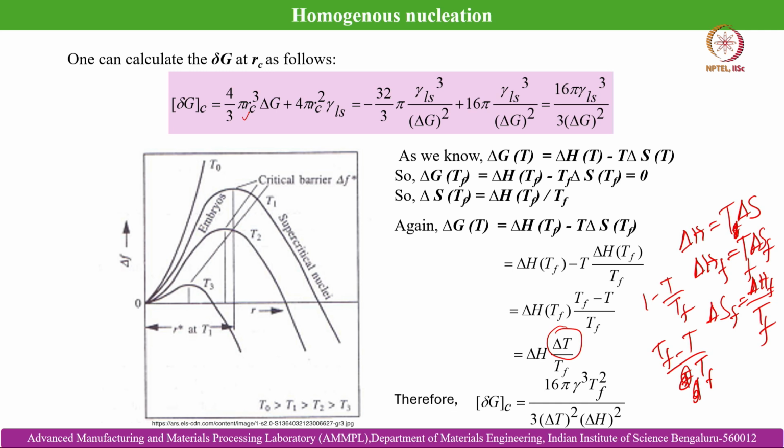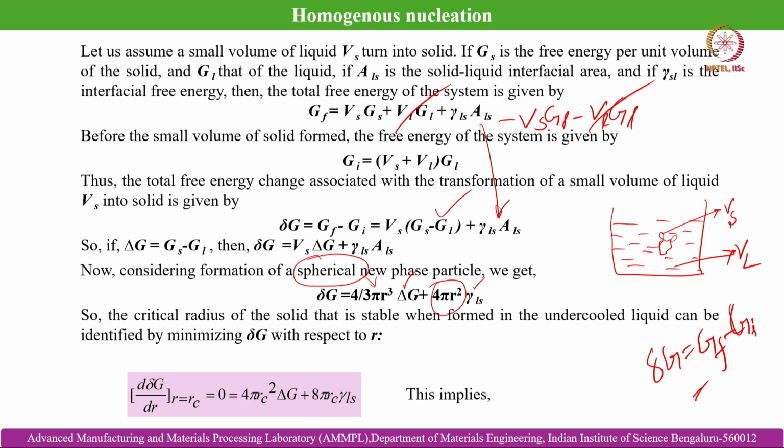The value of delta G is equal to delta H delta T by Tf, and from here we first put the value of the critical radius of nucleation, that is Rc is equal to minus 2 gamma by delta G, which we evaluated in the previous slide by differentiating delta G with respect to R and equating it to 0.